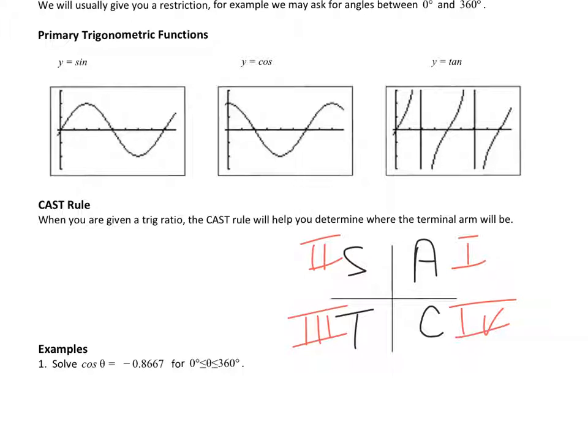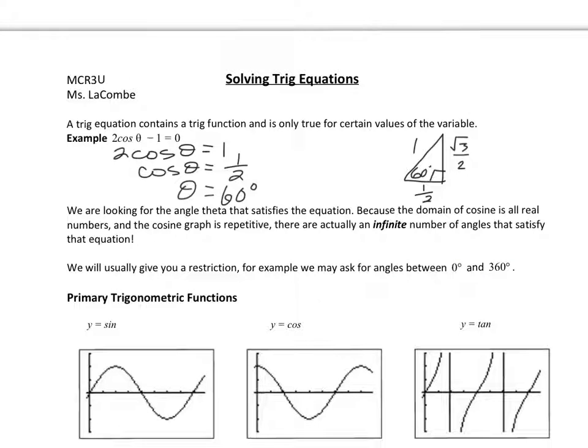So if we think back to that original problem, if I were to refine this question and say, when is cosine of theta equal to a half from 0 degrees to 360 degrees, you have to consider, using the CAST rule, that cosine of theta is positive a half in both the fourth and the first quadrant.